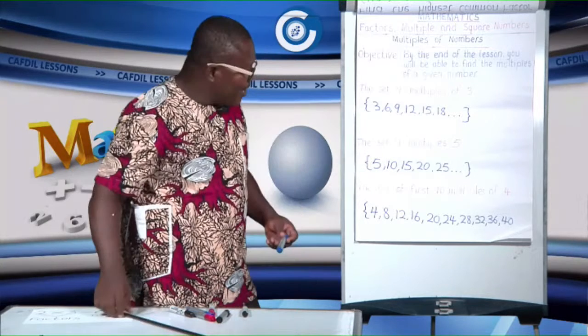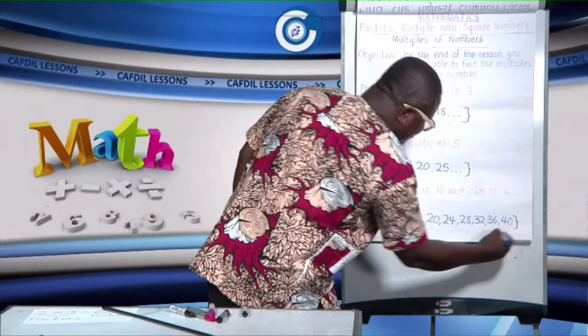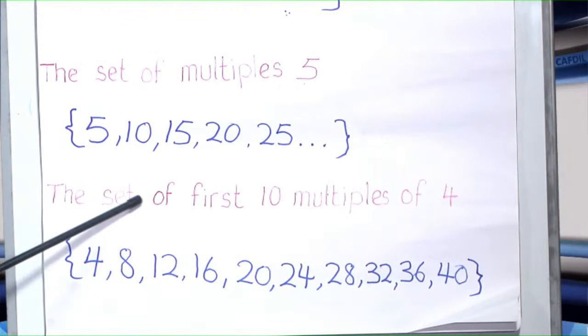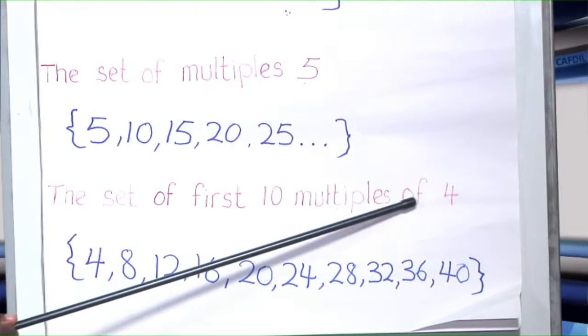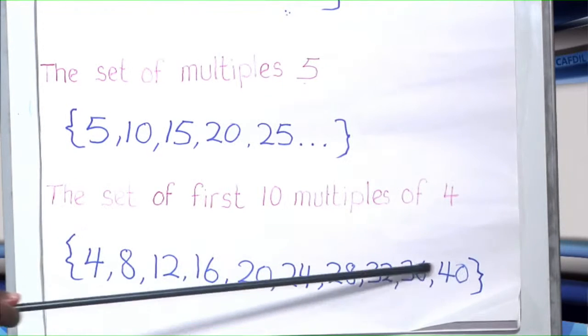So here, I close it with my set symbol, or the set sign. So when we say the set of first 10 multiples of 4, these are the numbers.